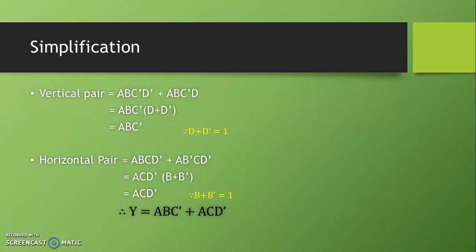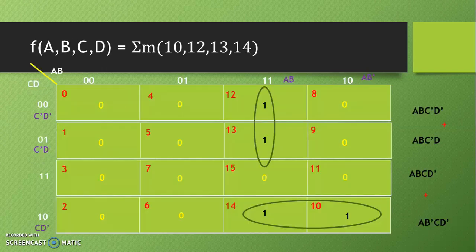So now again, if we go back to our previous slide, then we can see how a variable is eliminated. So in this slide we can see that if we travel to the adjacent cell in each pair, quad or octet, we can see that one variable shifts from 0 to 1, that is from complemented to uncomplemented, or it can be from 1 to 0. Only one variable changes when we travel into an adjacent cell, right?